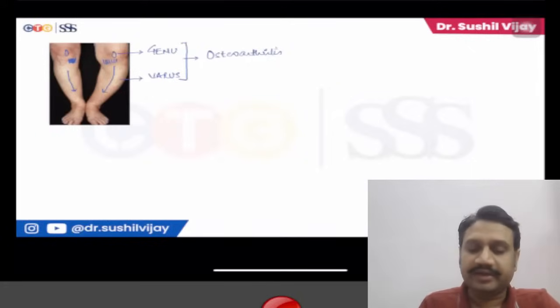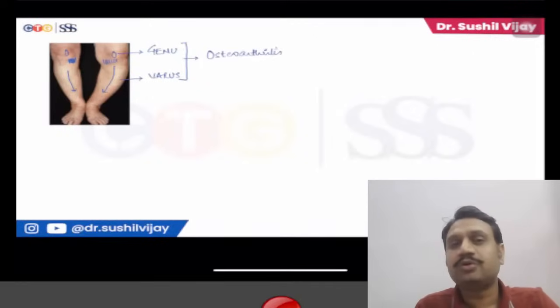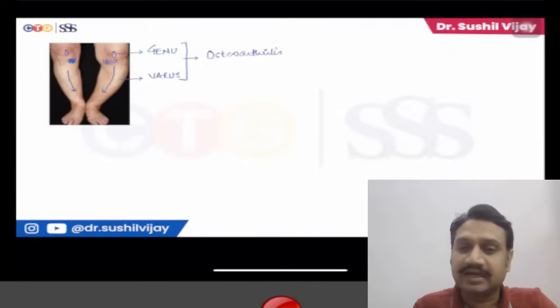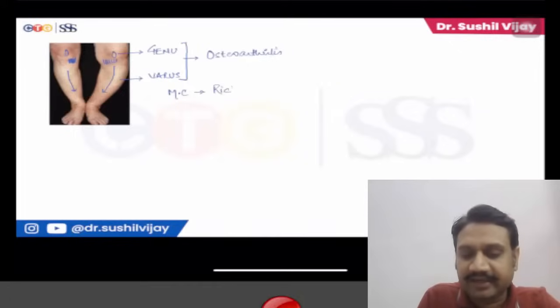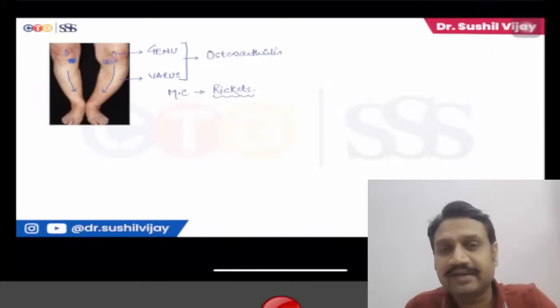Now, when somebody asks you about a child having this kind of legs, Archit has answered very correctly that it has to be rickets. So the most common problem which can produce this kind of legs in a child is rickets. The most common problem which can make this kind of legs in an adult is osteoarthritis, right?